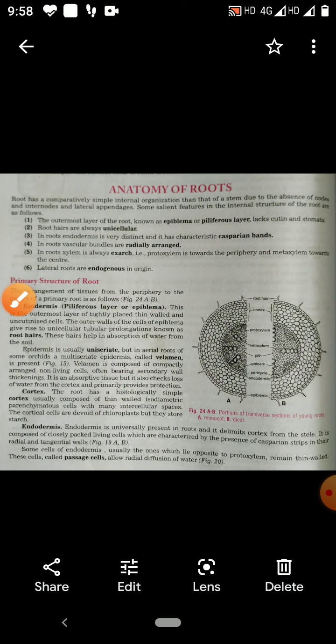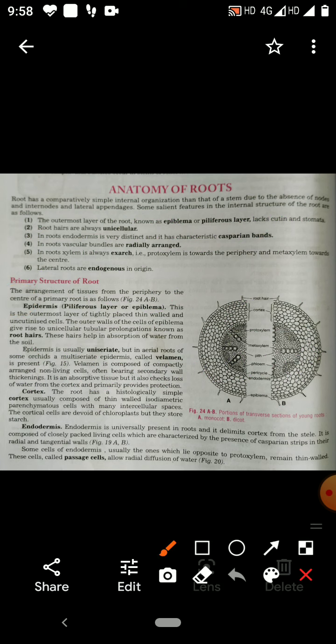Children, you have to study the anatomy of root. Anatomy means internal structure. So how the different tissues and cells are arranged in the root.